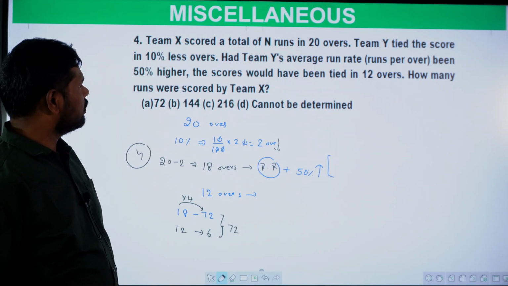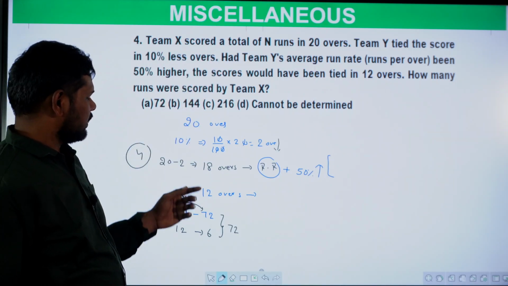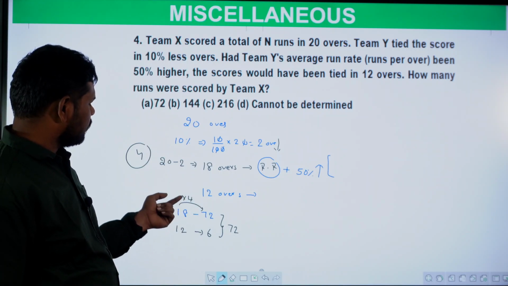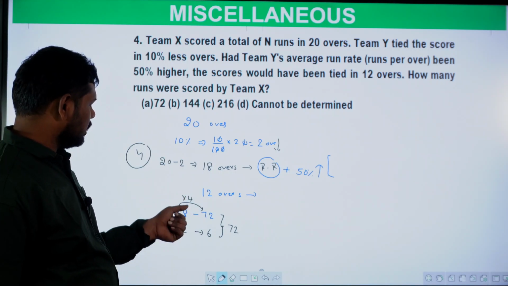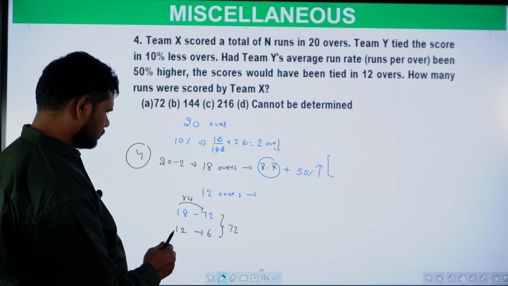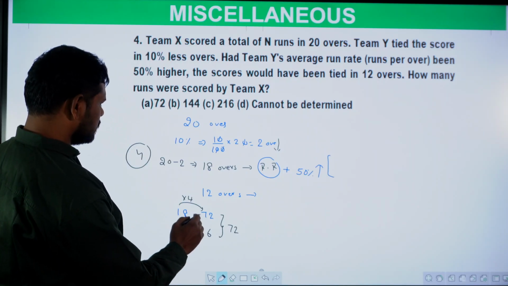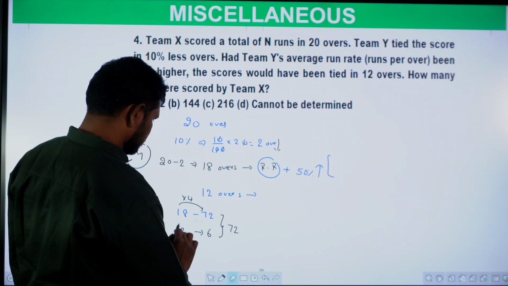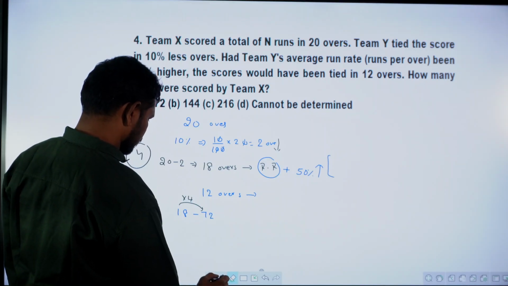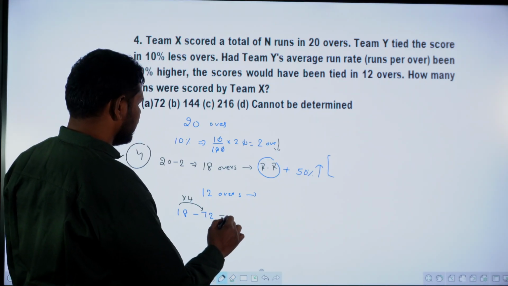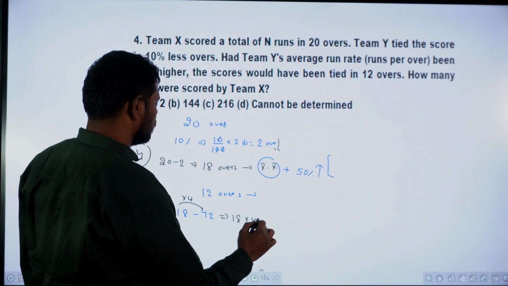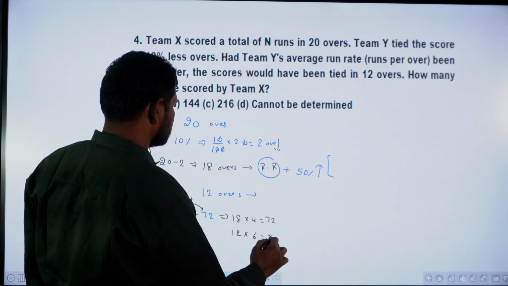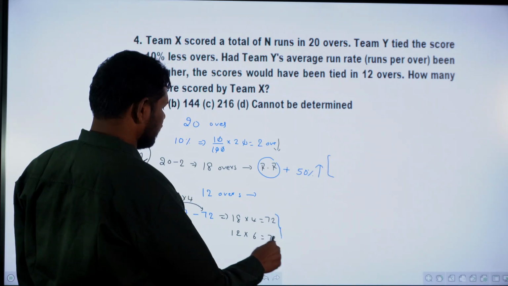So 18 into 4 is 72, and in 12 overs, 12 into 6 is 72. Both scores are equal or not?